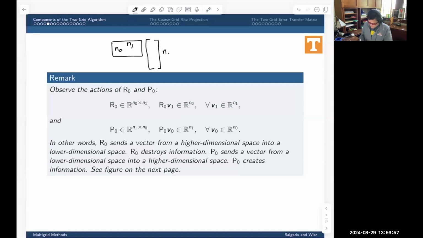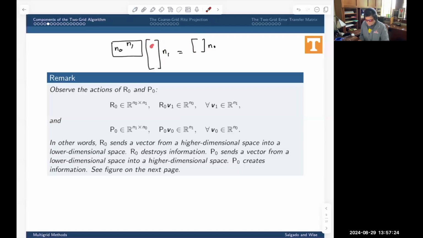This turns it into a small vector having only N0 entries. So what the restriction matrix does is it takes a lot of information and squishes it into a little bit of information. In information theory, we call this a lossy process, a process which destroys some information.